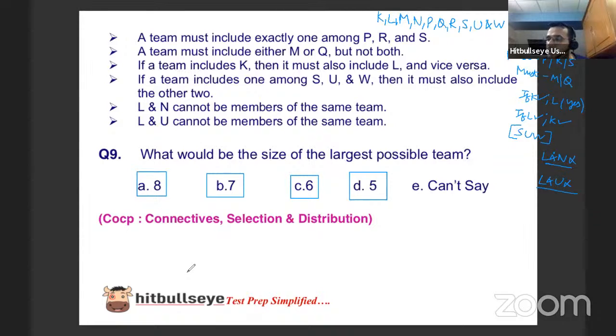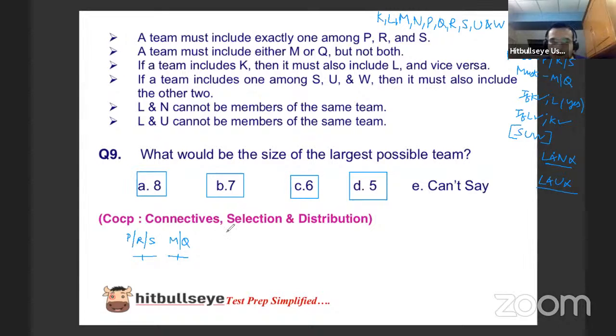All right, let's see. So what do we have according to the conditions? Let's try creating. What is the maximum size of the team possible? So first of all, we have our first position. One of the three, P or R or S, should come. Second position, one of M or Q should come, right?